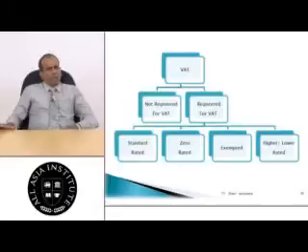Right. So these organizations that are registered for VAT can be divided into 4. It can be standard rated, it can be 0 rated, it can be exempted, it can be higher or lower rated. So let's go through one by one.